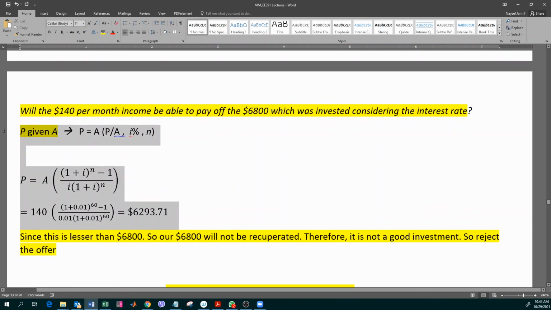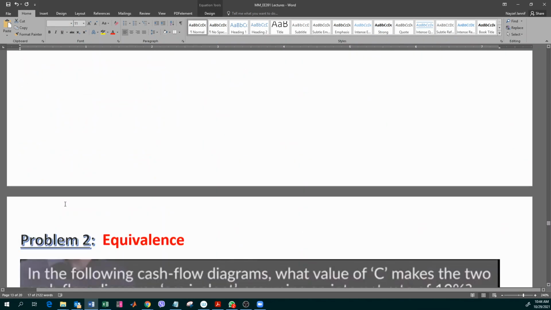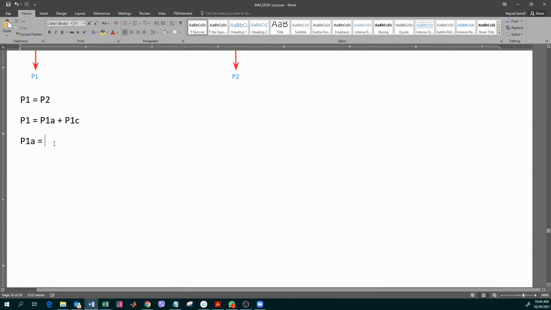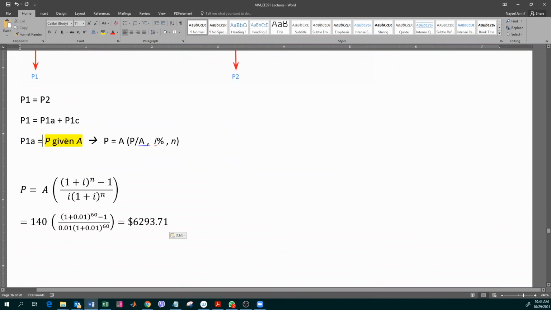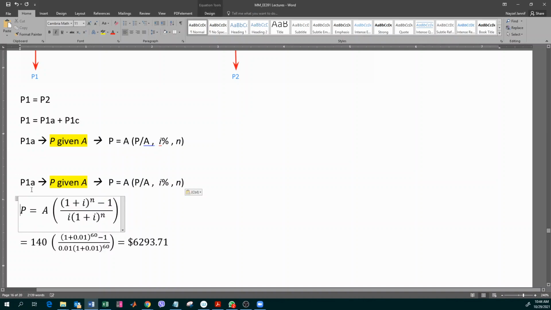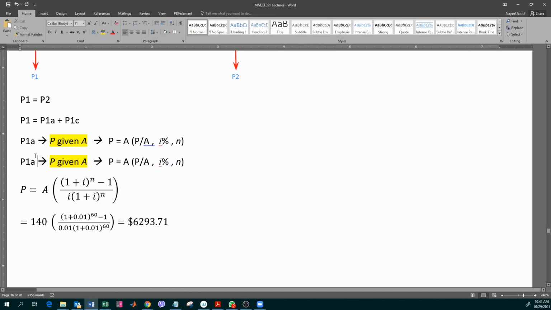Yes, P given A. In order to find P1A, we've got to use P given A. So P1A will equal to A, P given A. What is our A, by the way?